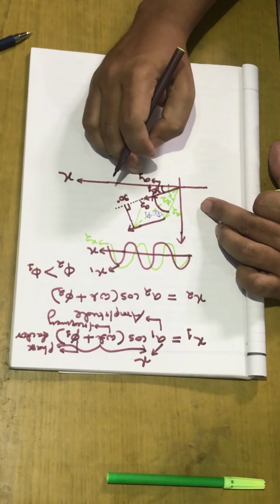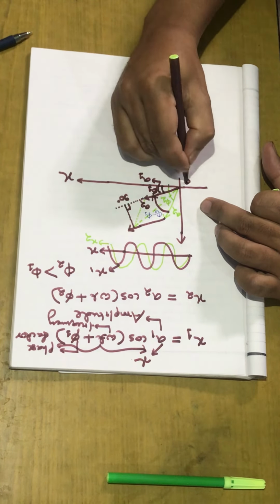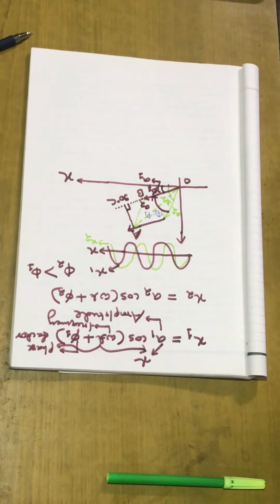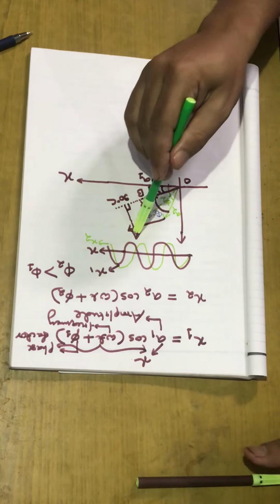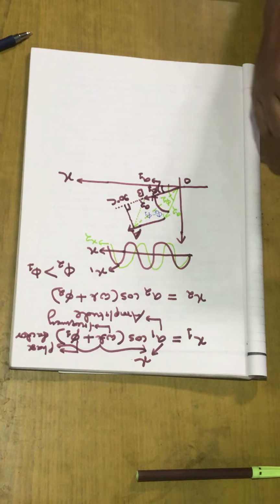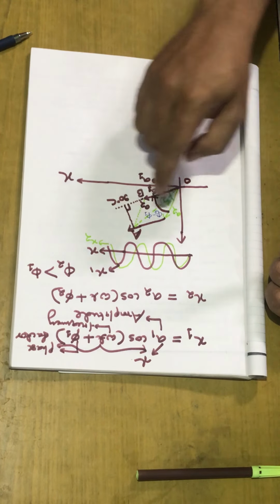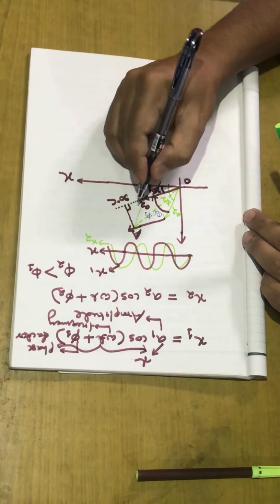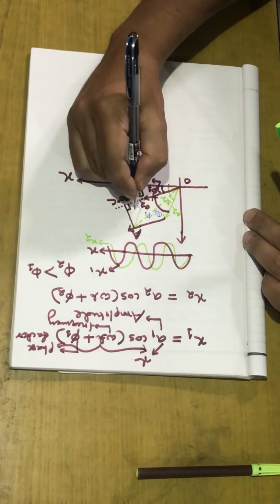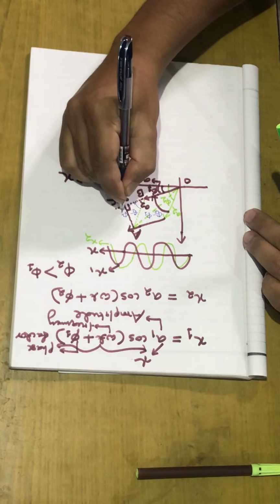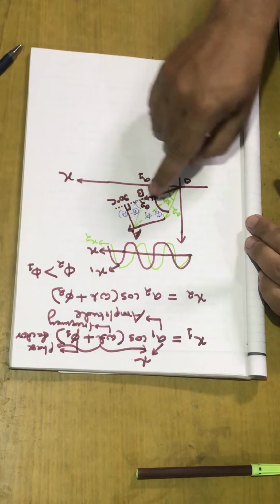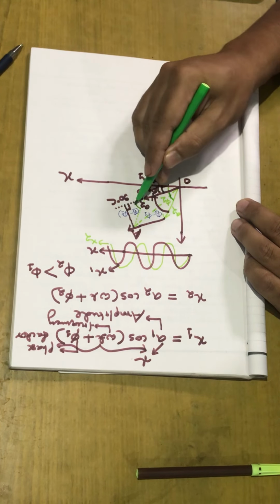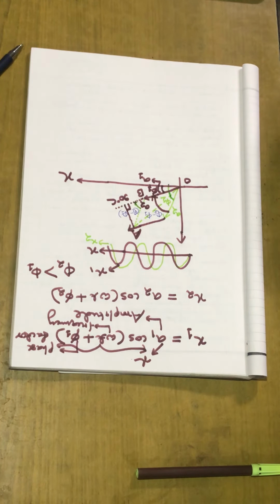And if you imagine this triangle as A, B, C, then from the triangle A, B, C, this angle is 90 degree and this angle is phi 2 minus phi 1. Therefore this angle should also equal phi 2 minus phi 1. From simple geometry we can say this angle and this angle are similar, and its value is phi 2 minus phi 1.